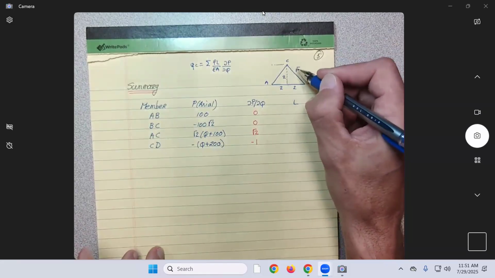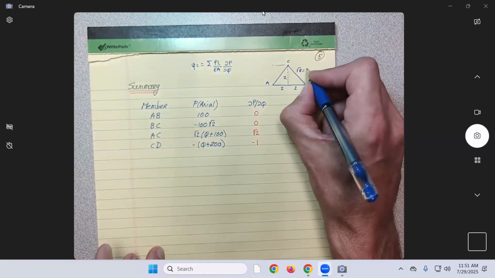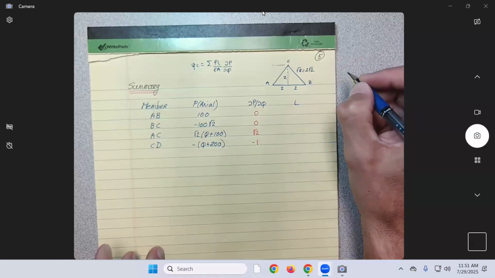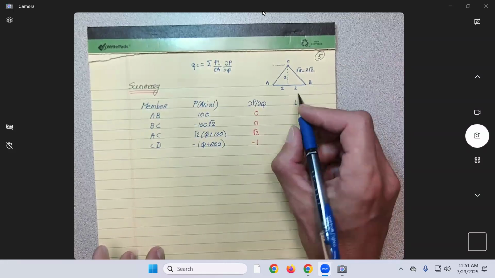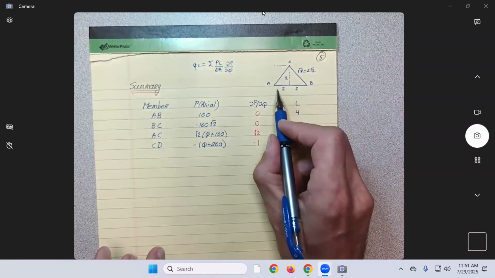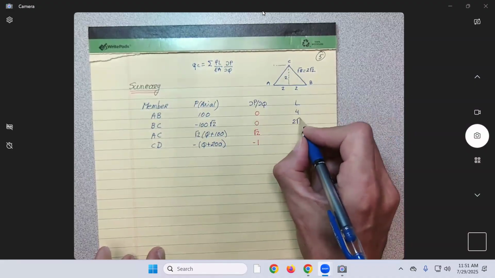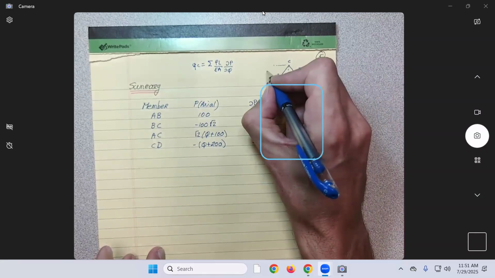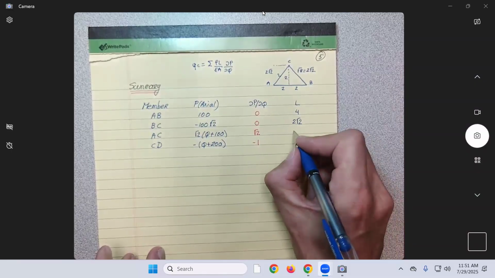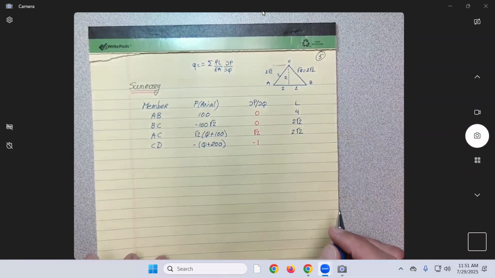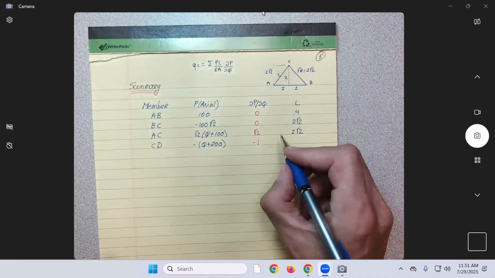A squared plus B squared equal to C squared. So it should be square root of 8, and square root of 8 is 2 square root of 2. So member AB is how long? It will be 4. Member BC will be 2 square root of 2. What will be this member over here? The same as the other one, so 2 square root of 2. And what is the length of the member CD? It will be 2. Perfect.